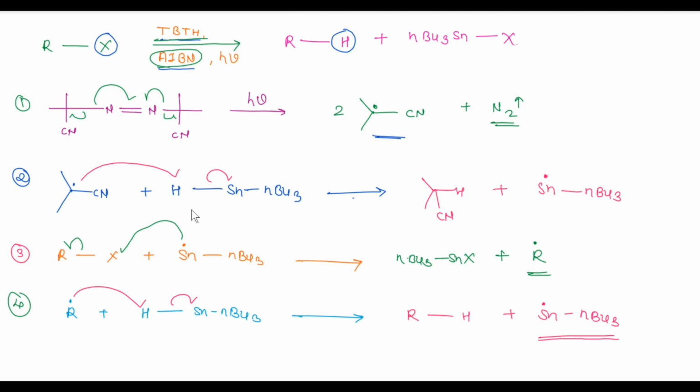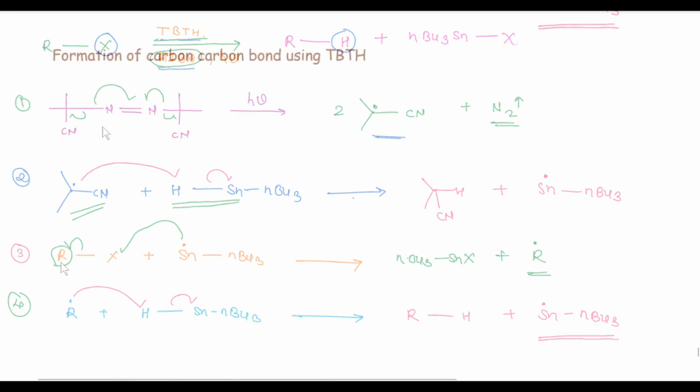Due to the high stability of this isobutyronitrile radical of AIBN, it abstracts only the hydrogen radical from this tin hydride bond due to very low energy, rather than abstracting a radical from this alkyl group.